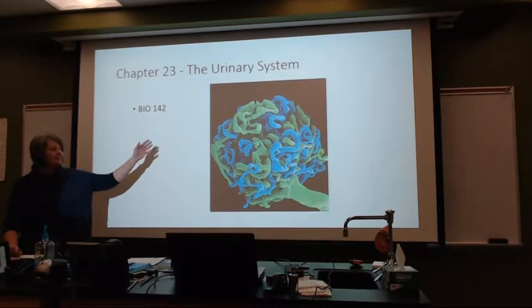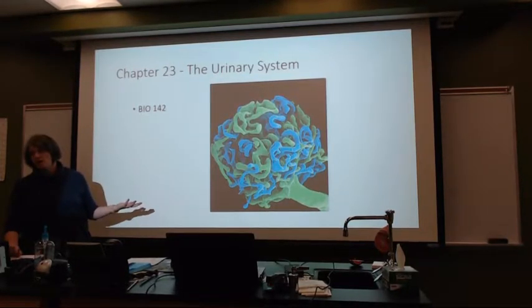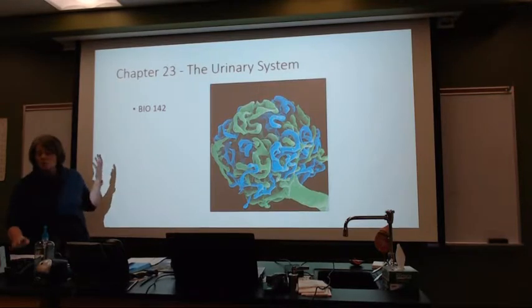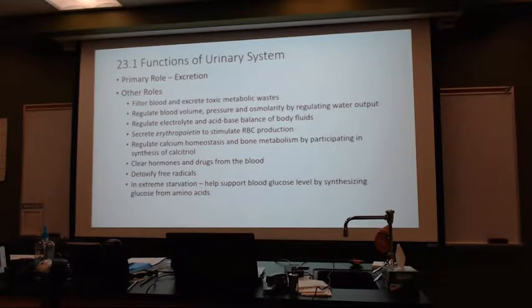But for this system, this is going to be part of our nephrons, which are our working units of the kidneys. As we look at what this system is going to do, yes, the primary role is excretion.